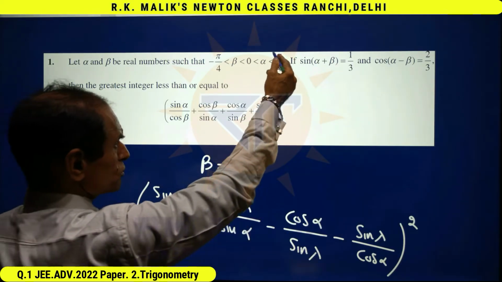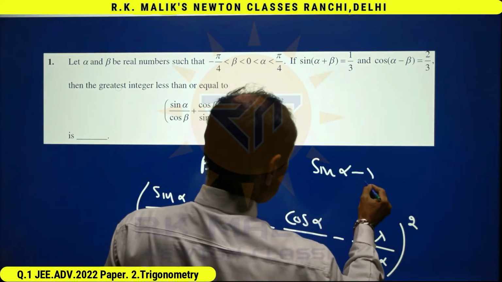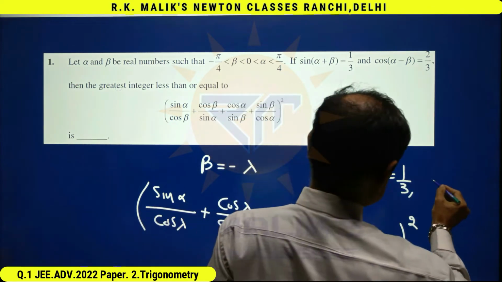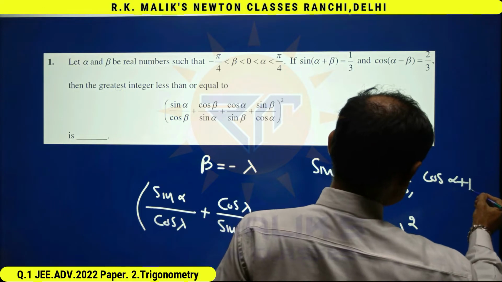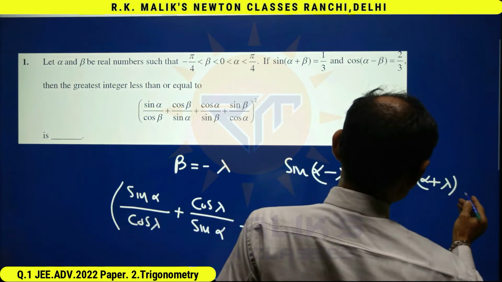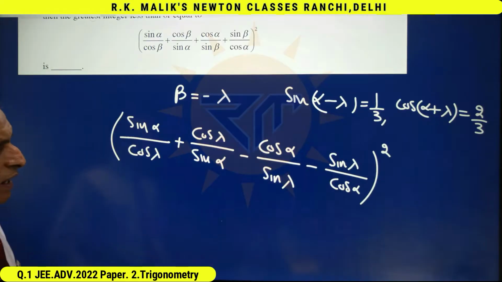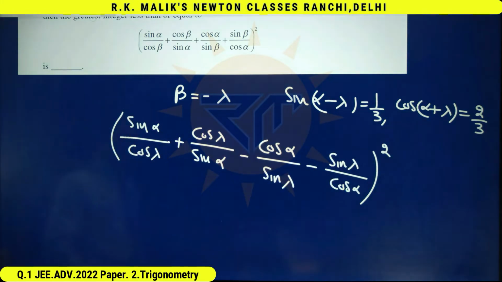And according to the given information, sin(alpha minus lambda) equal to 1 by 3 and cos(alpha plus lambda) equal to 2 by 3. And with the help of these two, I have to find the value of this.